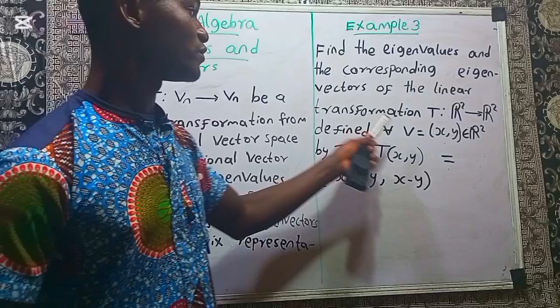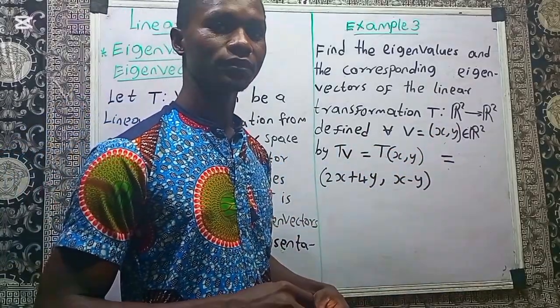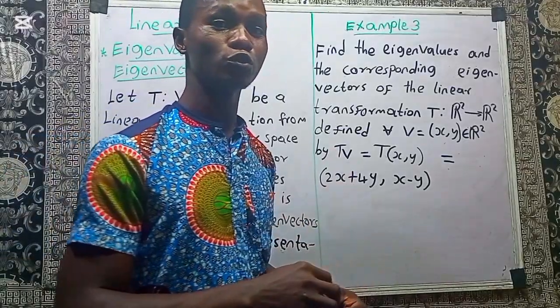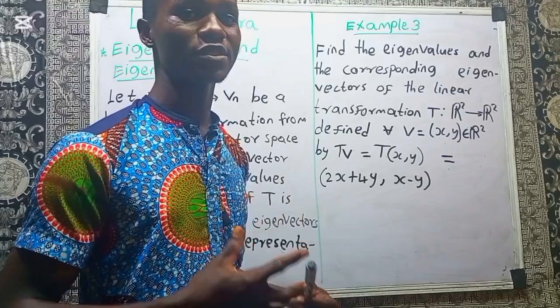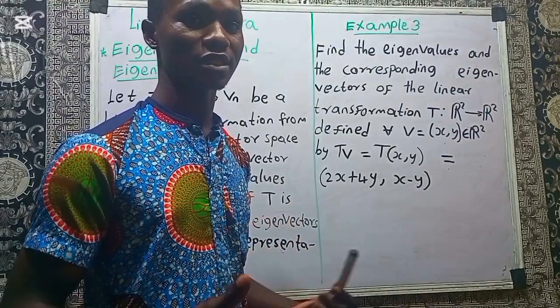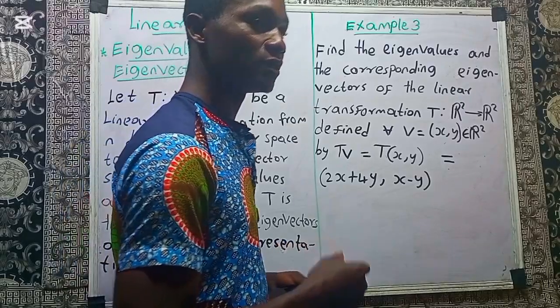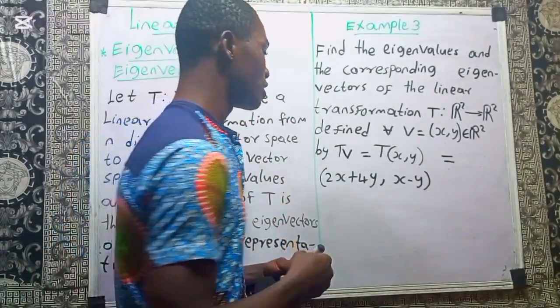And the transformation of any of this arbitrary vector is given by this formula. So in this example we use the standard basis to find the matrix representation. When we do that, we will get the eigenvalues and eigenvectors of that matrix representation. So let's start.